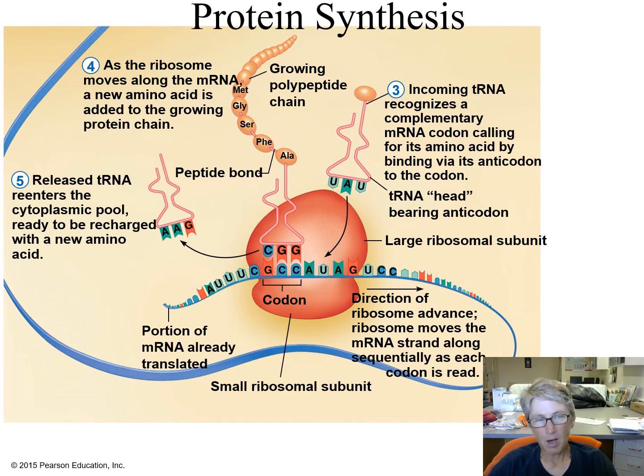And then step 5, the released transfer RNA, after it delivered its amino acid, releases itself from the ribosome, and it goes back into the cytoplasmic pool of transfer RNA. It gets ready to be recharged with that synthetase enzyme.